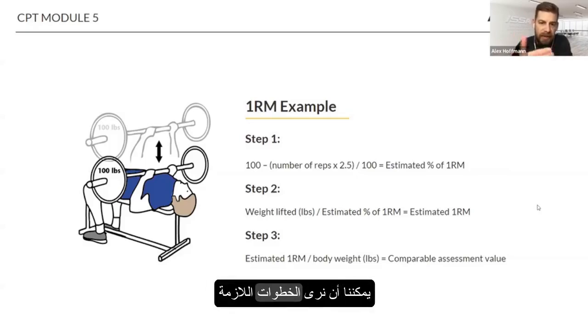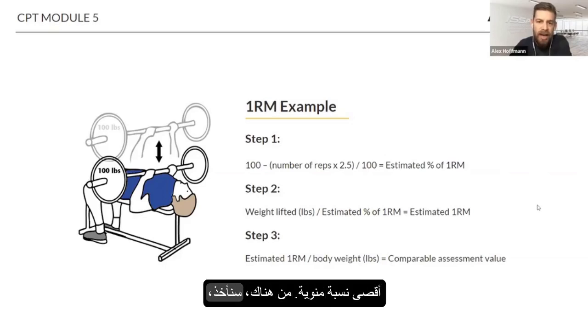And so we can see the steps to do that on this slide. The first thing we need to know is the number of reps that they've completed. We then take that number of reps, multiply that by 2.5. Once we have that number, we take 100 minus that number and divide it by 100. And that's going to give us an estimated 1 repetition max percentage.